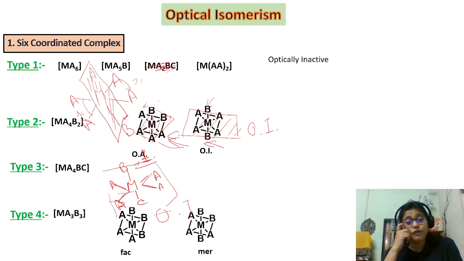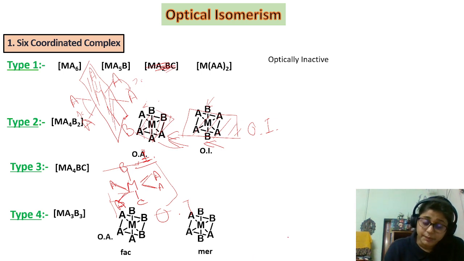But what will it be for this kind of facial and meridional? Optically active it will be, because all are cis. So you can imagine this plane is not possible. In between this, think about in between these two.